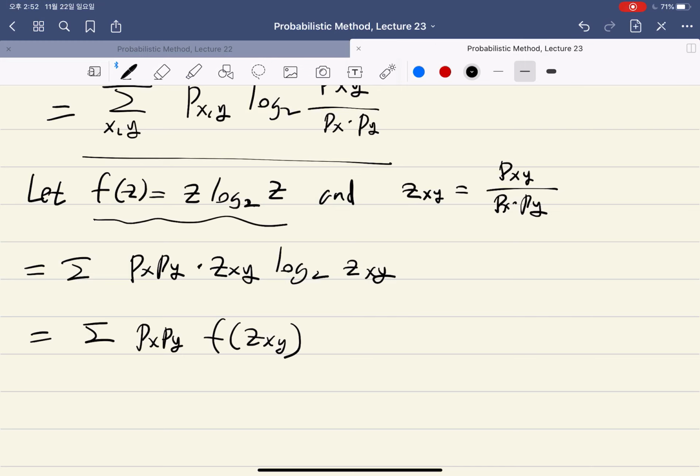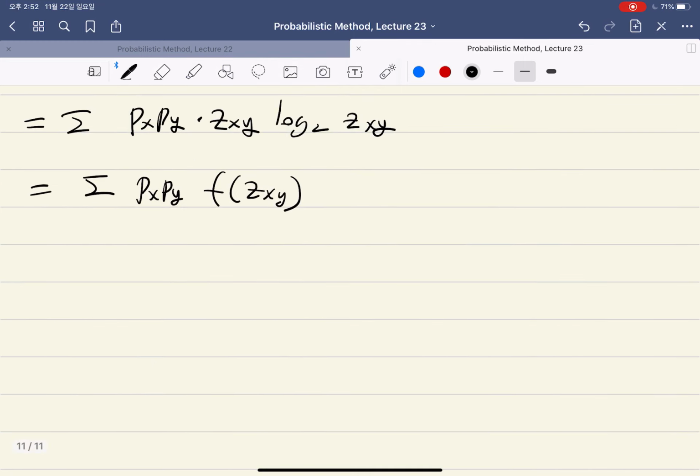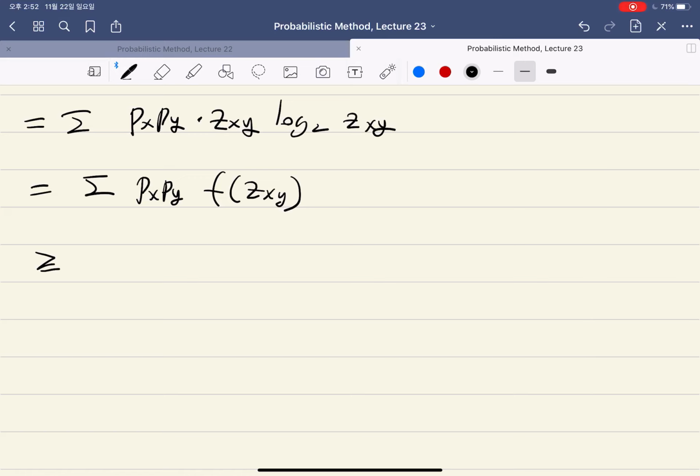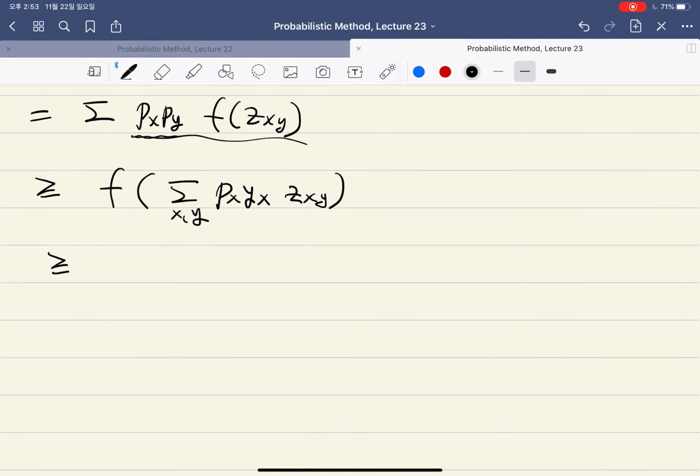And again, this f is convex. So with convexity, the average of the function values is higher than the function applied to the average. This sums up to 1, so this is the average of function values, which is higher than averaging first and then applying the function. And what's this?